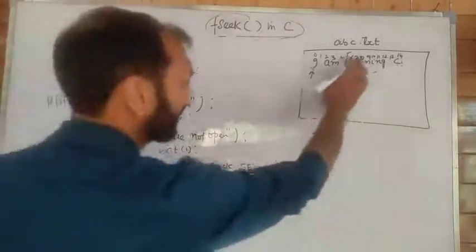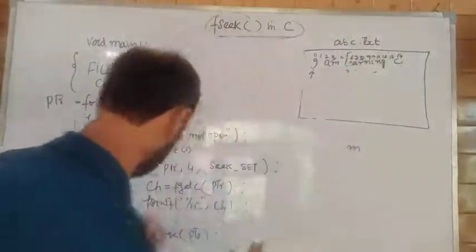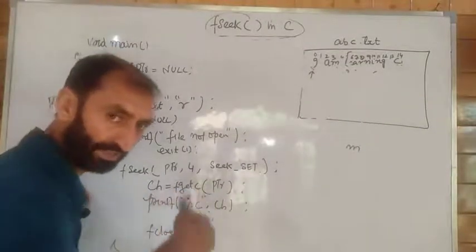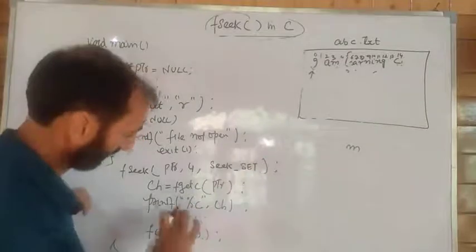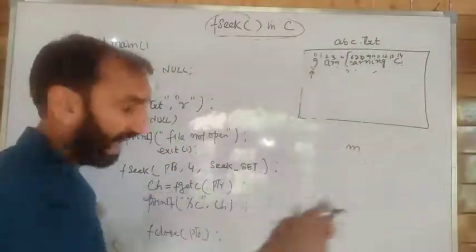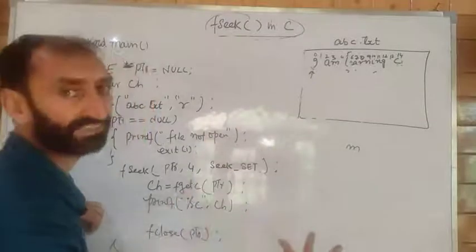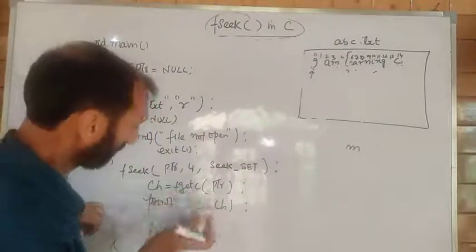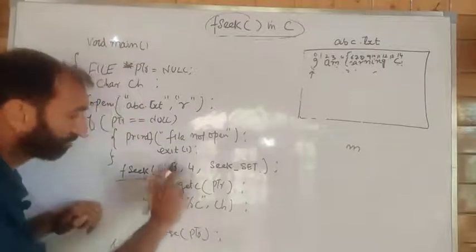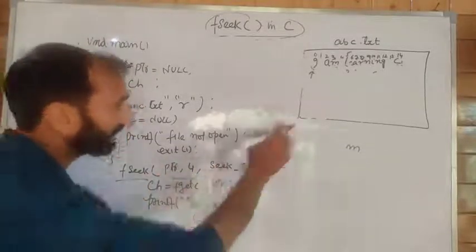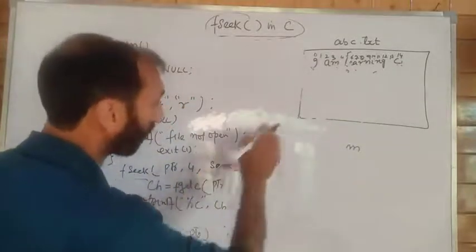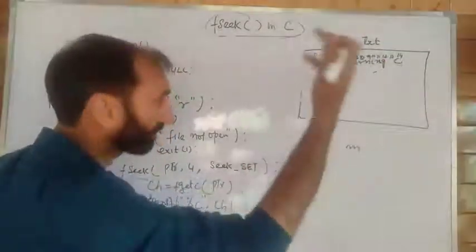It will print M, because here I have used the fgetc function, which we have already explained in the previous videos. This function is used to read a single character from the file. So here, this fseek function moves the cursor from the beginning, where the cursor was, 4 bytes forward.